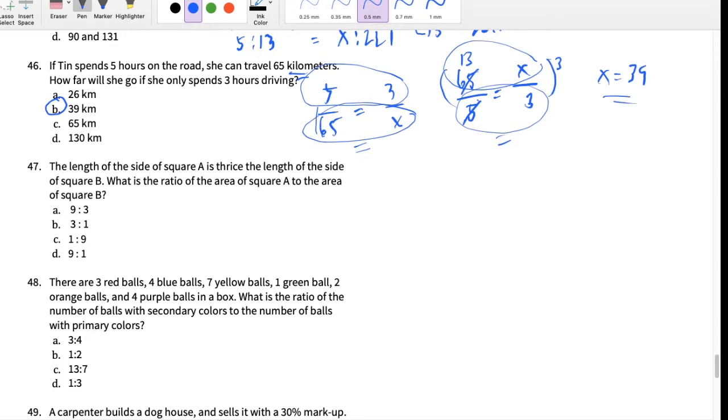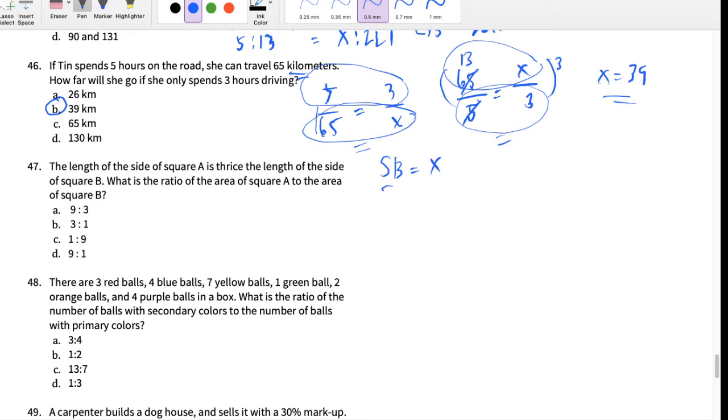Okay? Number 47, if the length of the side of square A is thrice the length of the side of square B, what is the ratio of the area of square A to the area of square B? Okay? So, let's say the side of B is equal to X. Okay?